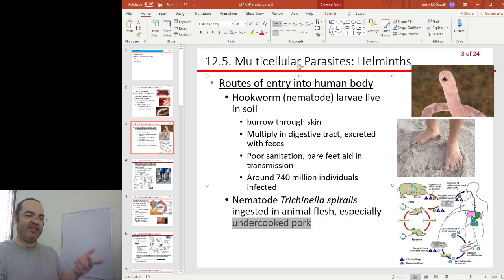And we ingest the cysts. The cysts can survive their journey through the acid of the stomach, and they hatch in our digestive tract, and the adult worms grow and they begin to mate. So through penetration through our skin and through ingestion, these are two important methods of helminths getting in the body.